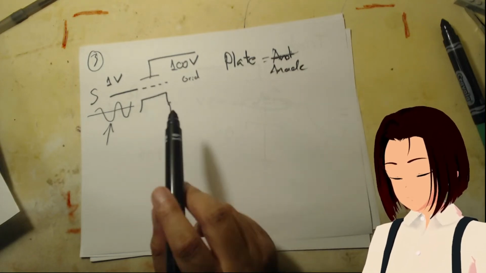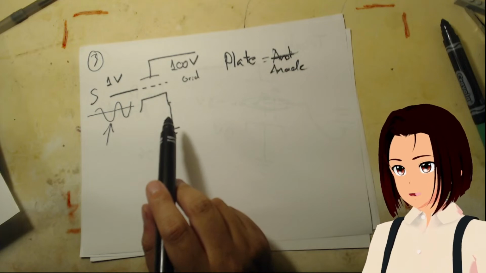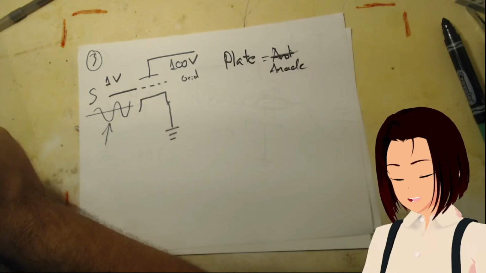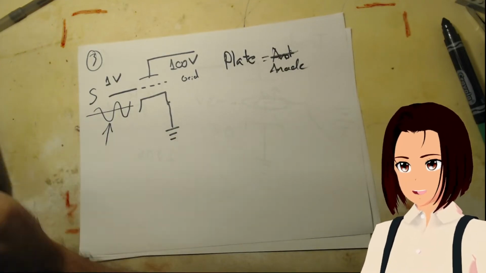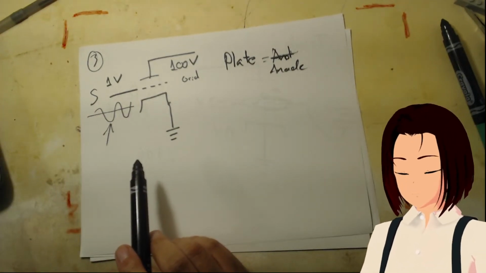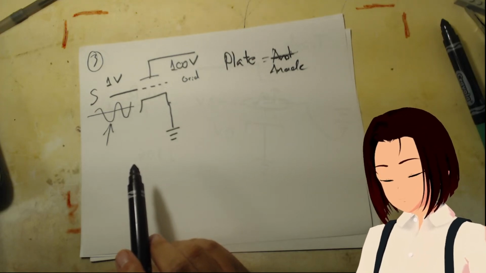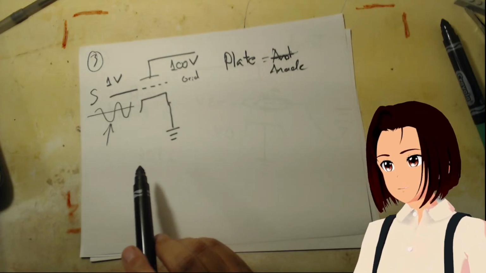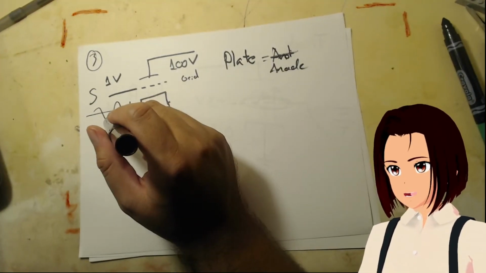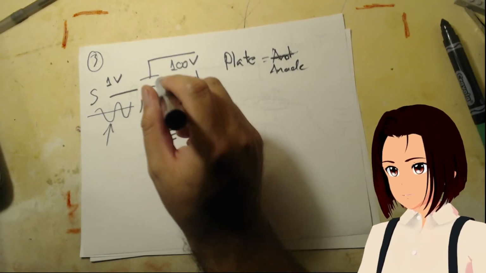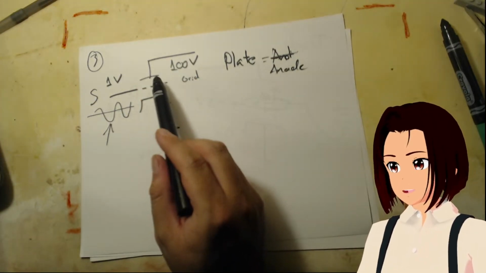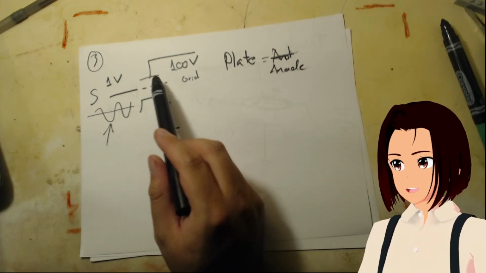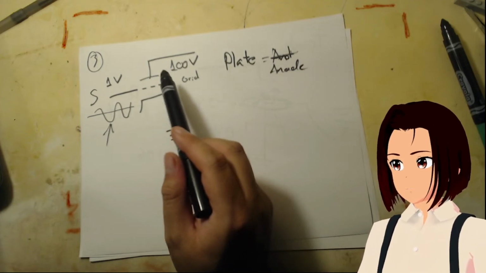So when current doesn't flow, well, actually, how does it look? Actually, hang on, let me check something. Okay. So when the grid is negative, the plate doesn't have electrons corrupting the voltage here or making the voltage lower.